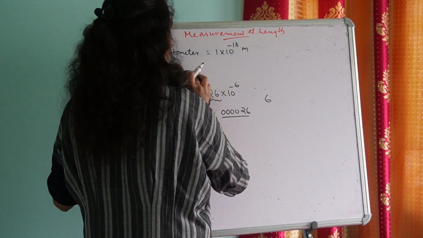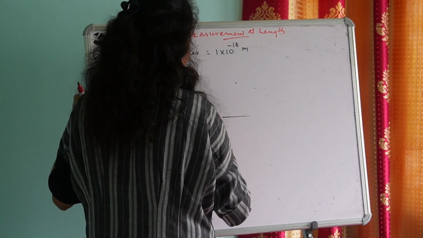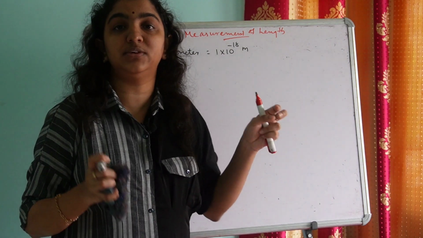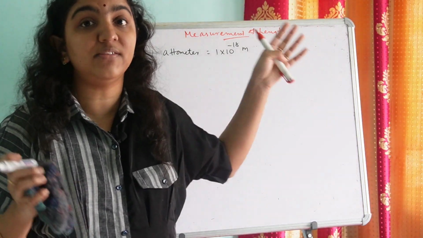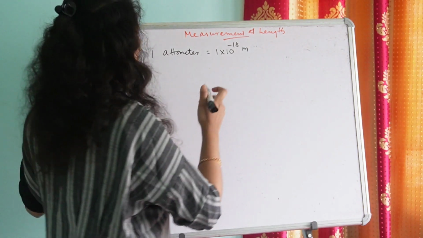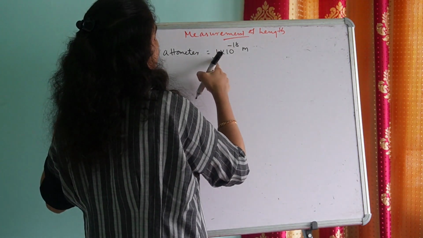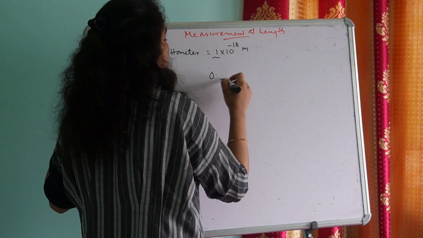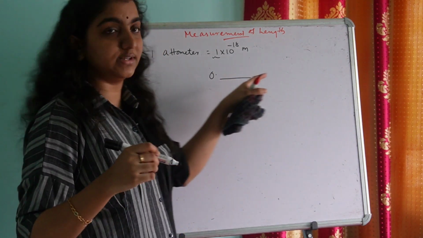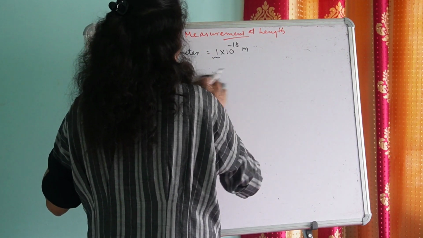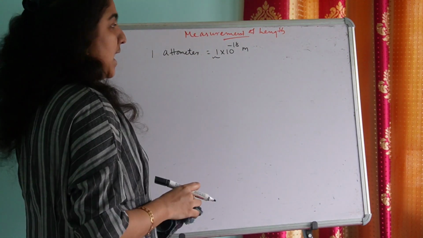So what does 1 into 10 power minus 18 meter mean? After the point we need to have 18 digits, and since we already have one digit, it will be 17 zeros followed by this 1. So that is 1 attometer.